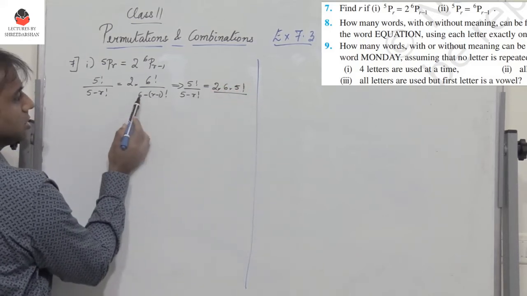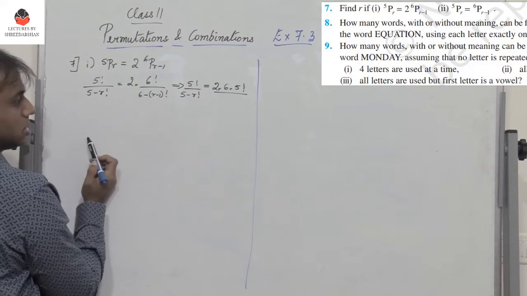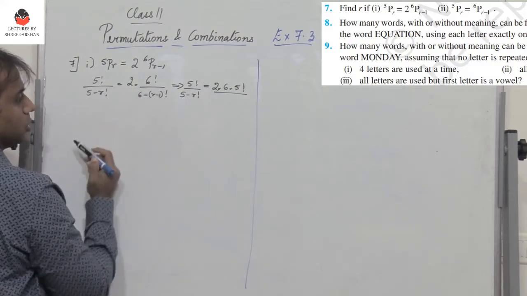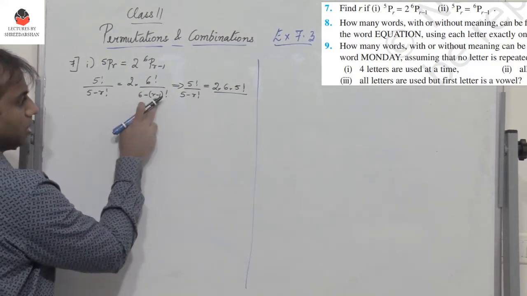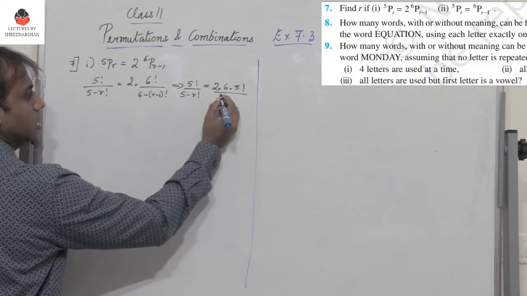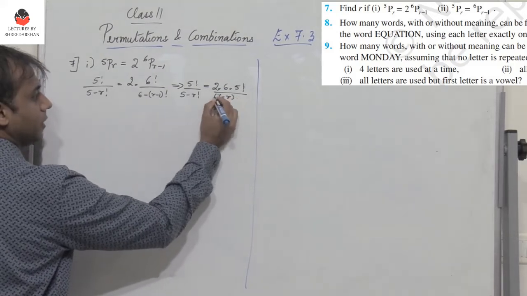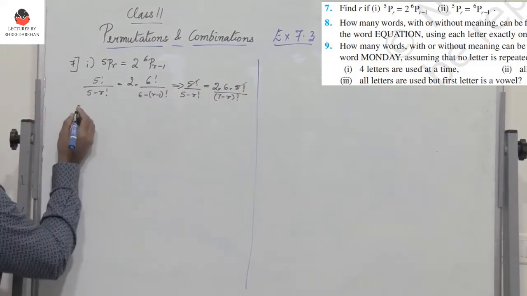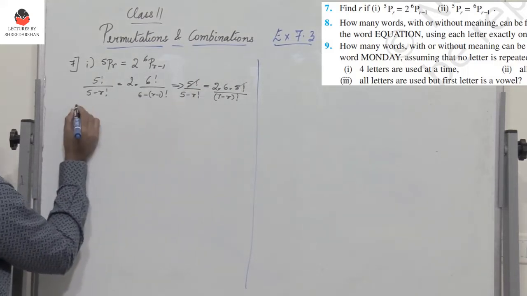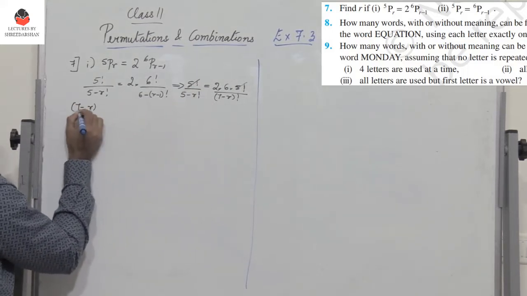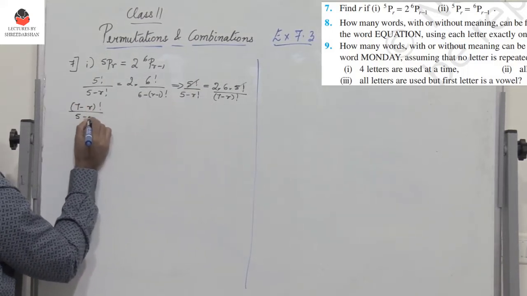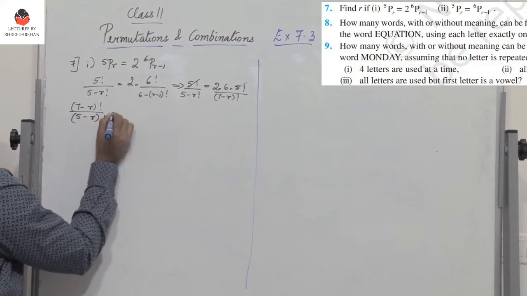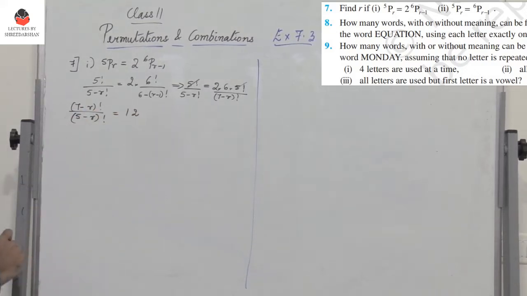And here 6 minus r minus of minus 1 is plus 1, so plus 1 plus 6, you get 7 minus r factorial. So 5 factorial gets cancelled.